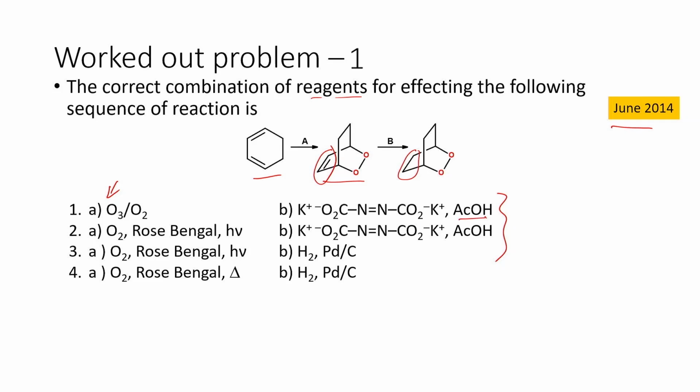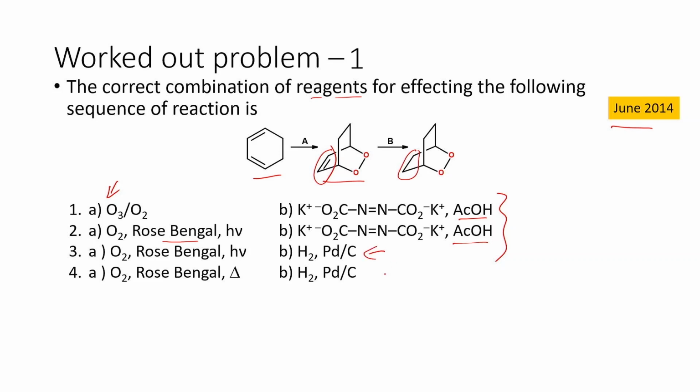In the second combination, oxygen with Rose Bengal and hv, that is photochemical conditions, is condition A, and condition B is again potassium azodicarboxylate in the presence of acetic acid. The third combination is oxygen with Rose Bengal under photochemical conditions, and B is a hydrogenation reaction in the presence of palladized carbon.